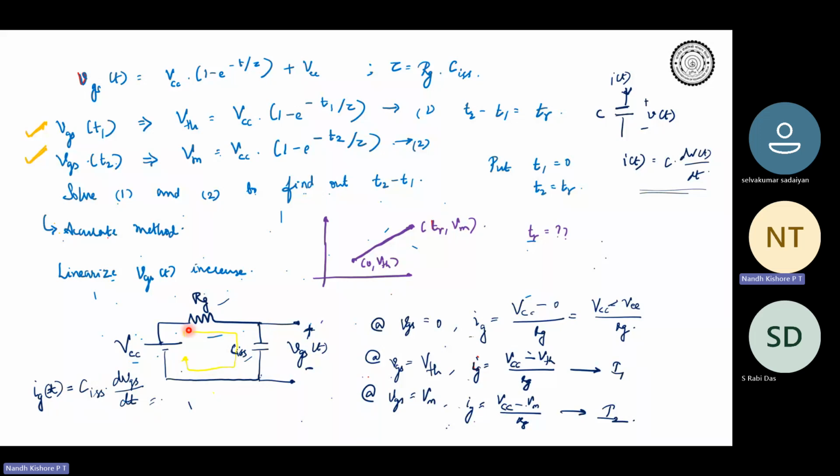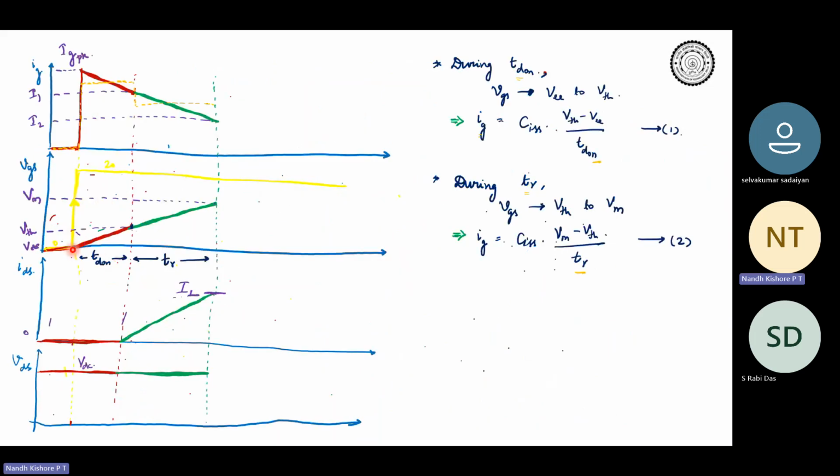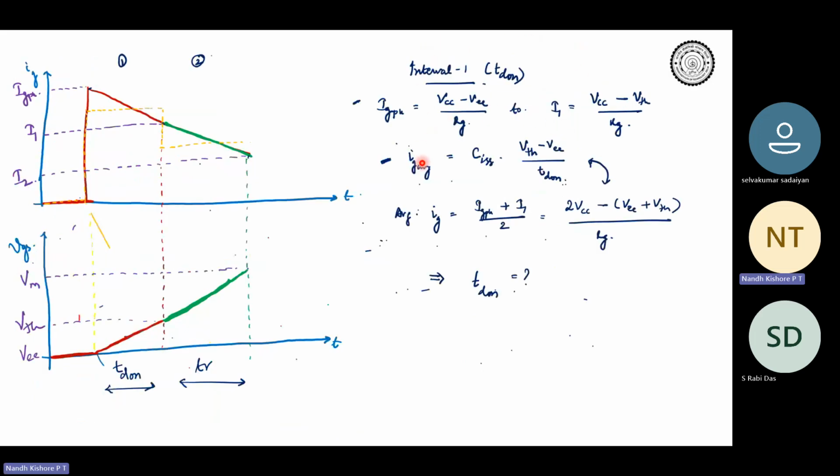Just a KVL equation, that is current through RG, we equated to current through CISS. Okay. So your VGS is changing from VEE to V threshold, right? That is why your IG is CISS into dV by dt, V threshold minus VEE divided by TD. This is the average gate current during turn on delay time. Okay. So equating this, we found out what is TD on.